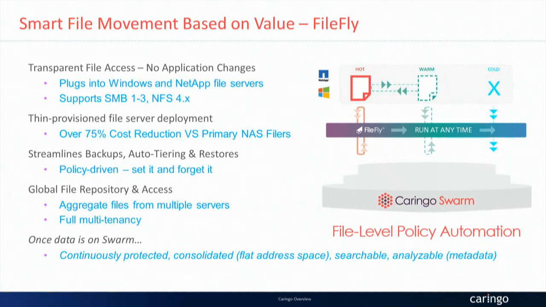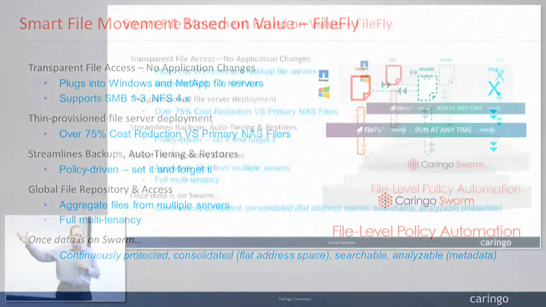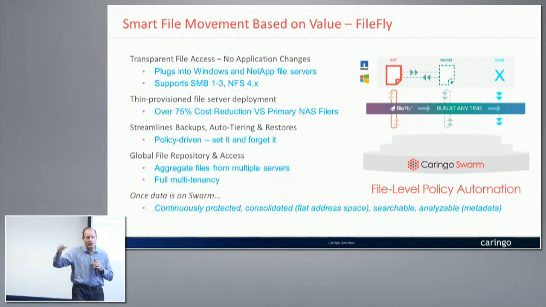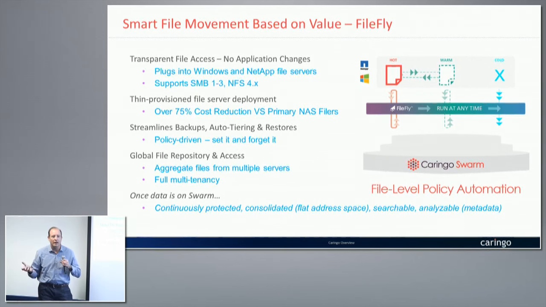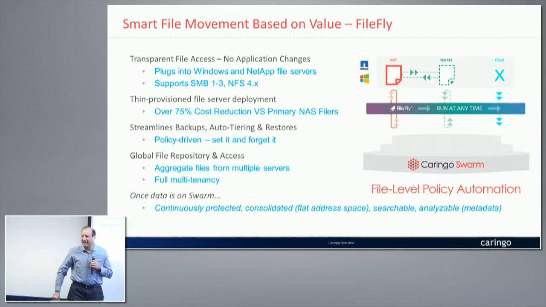The data's not there. But when I double click, if I'm in an application and access that file, the data immediately comes back to the primary file server, and you access it just as if it had never left the building. And you can make that cutover permanent as well? Exactly, that's the cold use case, which is to make the cutover permanent.